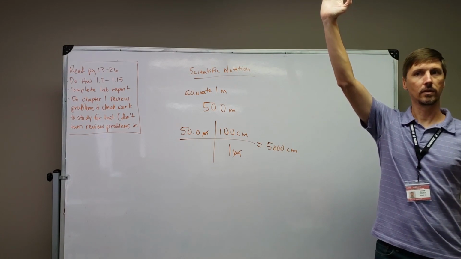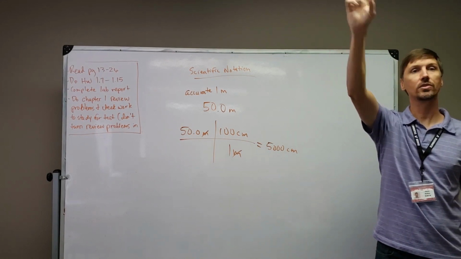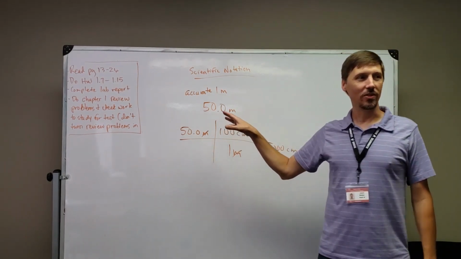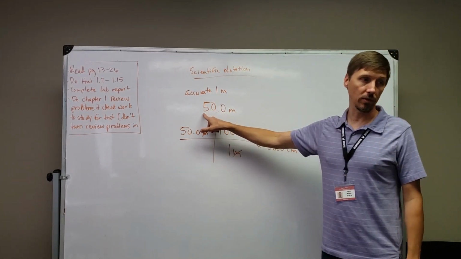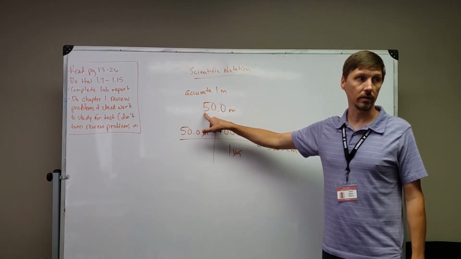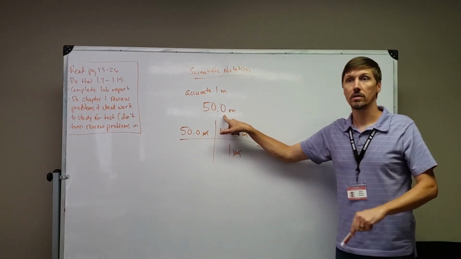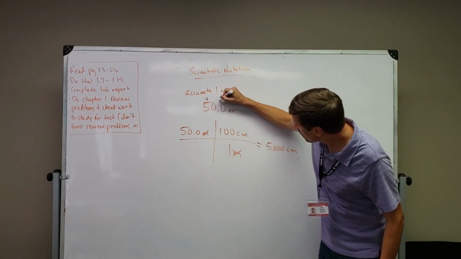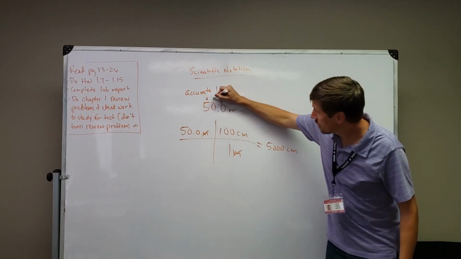Who says 3? 3 is correct because remember, if it's a number 1 through 9, it's significant. If it's a 0 at the end of the number to the right of the decimal place, then it's significant. And any number that's in between other significant numbers is also significant.